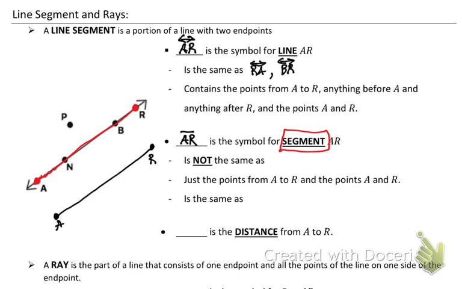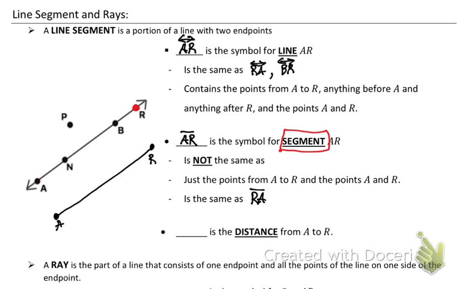I do want to skip 3 of these. AR is going to be the exact same thing as RA, because if someone asked me to draw the segment AR, I would just fill in A, fill in R, and connect those 2 points. If someone asked me to draw the segment RA, I'd fill in R, I'd fill in A, and I would connect the segments. I didn't change anything.